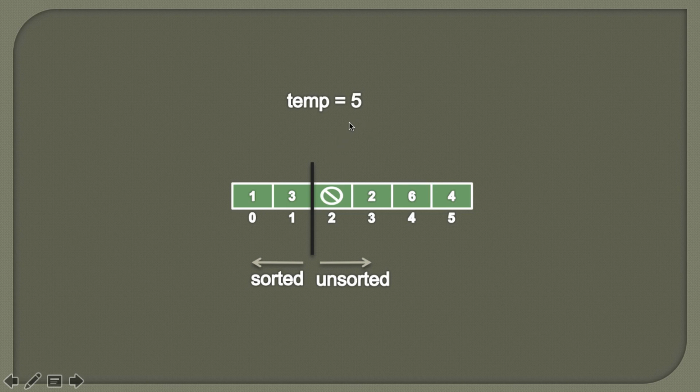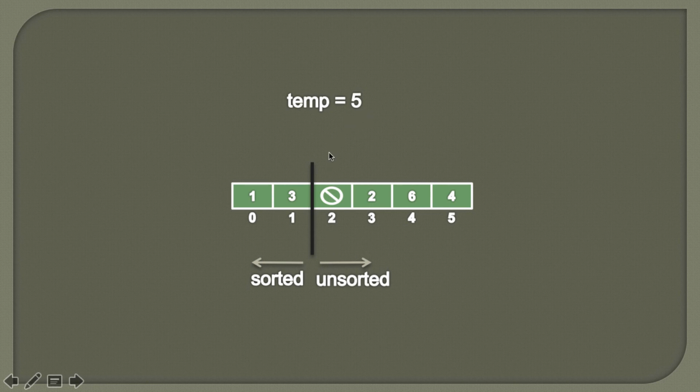Now what we do is we compare 5 with 3 and we know that 3 is smaller than 5. Therefore 5 has to be placed after 3, which is this spot only. So there is no shift because the element to which we are comparing in the sorted array is already smaller than the element which we picked from the unsorted array.